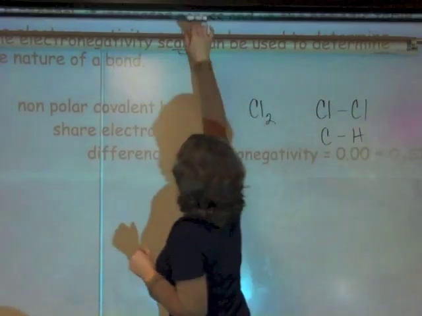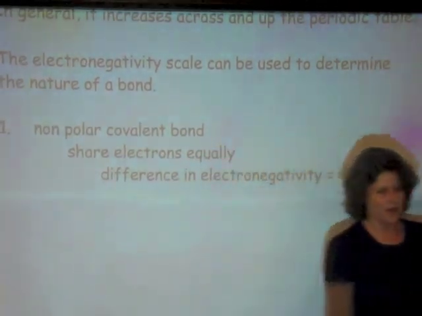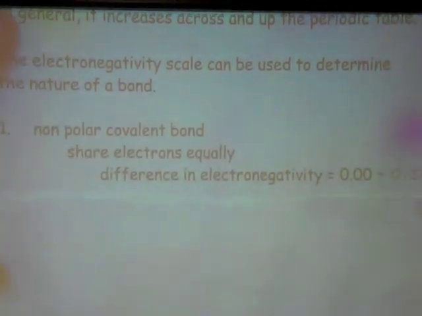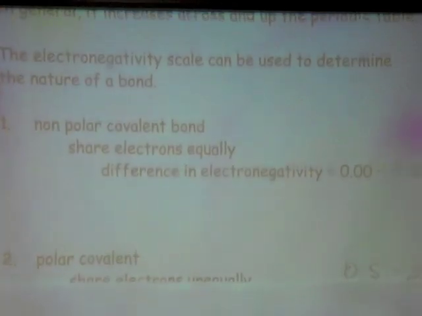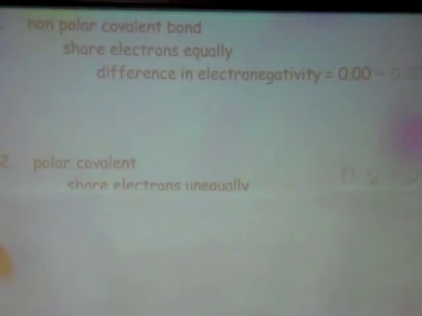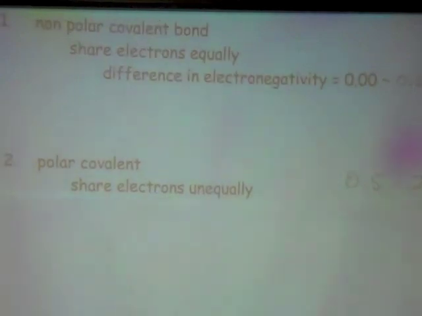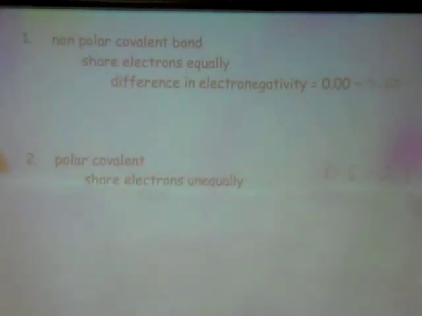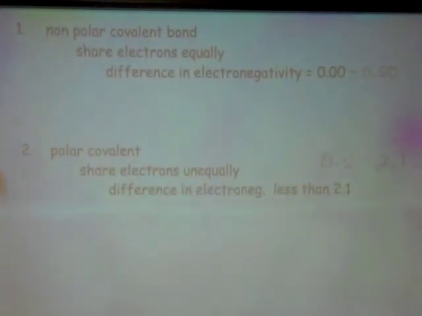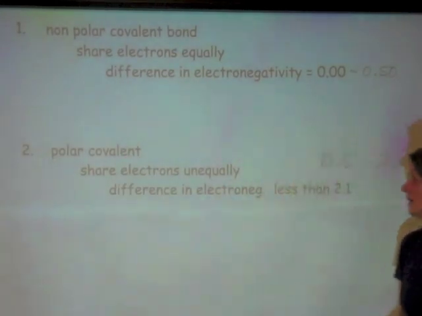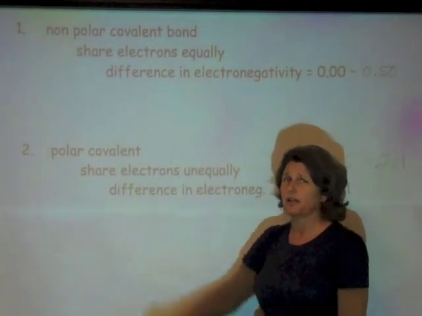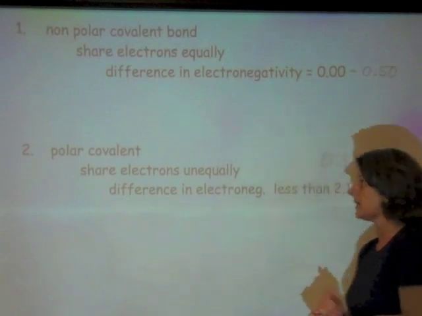Okay. Now, we also have a polar covalent bond. So, it's a covalent bond. So yes, they are sharing one pair, two pairs, three pairs of electrons.